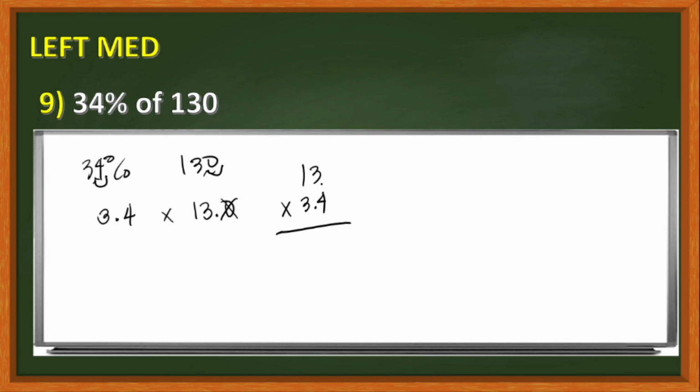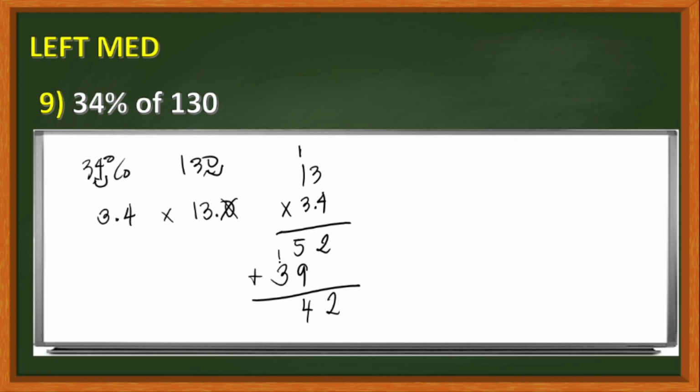So 3 times 4, the answer is 12. Regroup 1. 1 times 4, the answer is 4, plus 1, we have 5. Then 3 times 3 is 9. 3 times 1 is 3. Then add. 9 plus 5, the answer is 14.